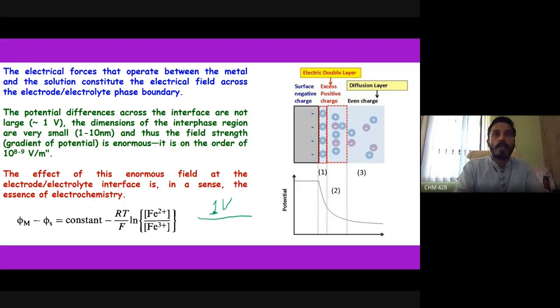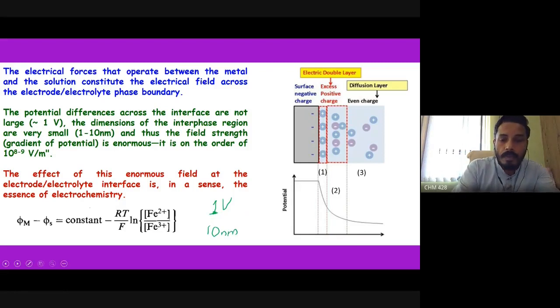It is 1 to 10 nanometer. If you take it as 10 nanometer, electric field strength is 1 volt divided by 10 nanometer. What is the value of this term?